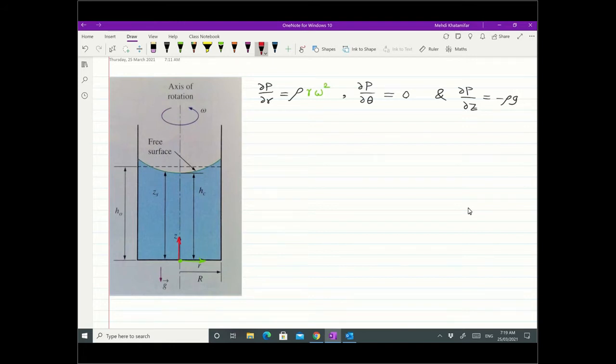Sometimes we move this z to the surface, sometimes we keep it at the bottom. Doesn't matter, it's just about which one you're convenient with, and it's your style of selecting. So it doesn't matter where we put z. It depends on the question you have. You may feel it is easier to put the origin for z at the surface.